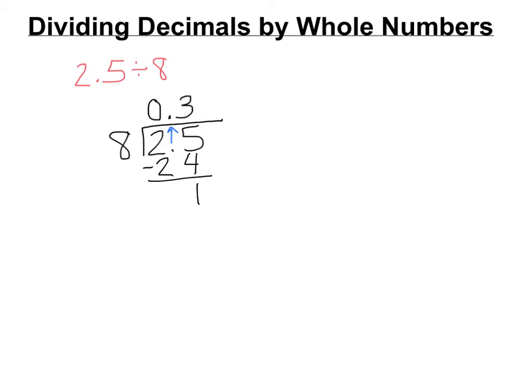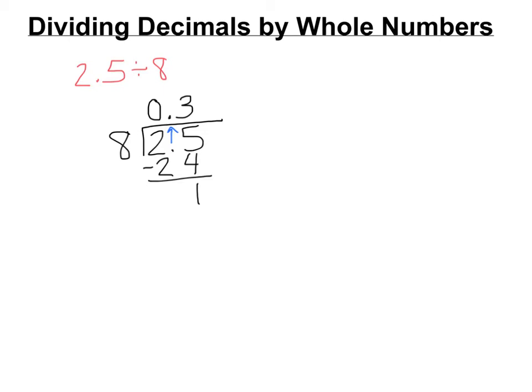Now, I can't mix fractions and decimals. You cannot take this 1 and turn it into 1/8. That is a huge mistake. You cannot mix those. Once you've decided to go decimals, you have to commit to it and keep going.